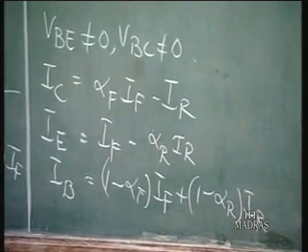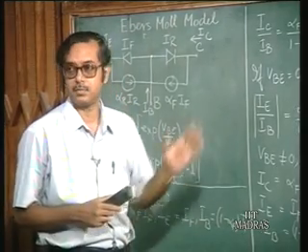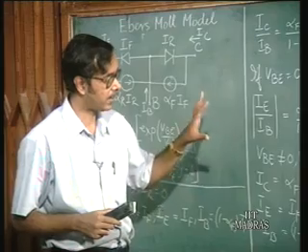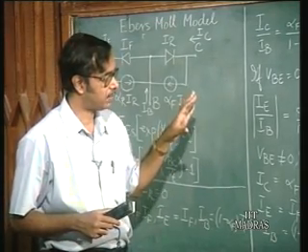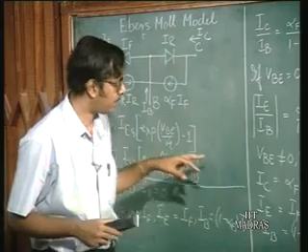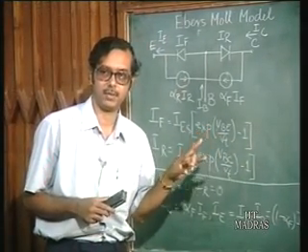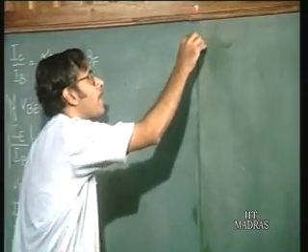Now, what we shall do is we shall try to evaluate these currents and try to get a simplified model. Basically, we shall be able to see that instead of 4 parameters which we now have, we shall be able to eliminate one of them, and write the equations in terms of 3 parameters.